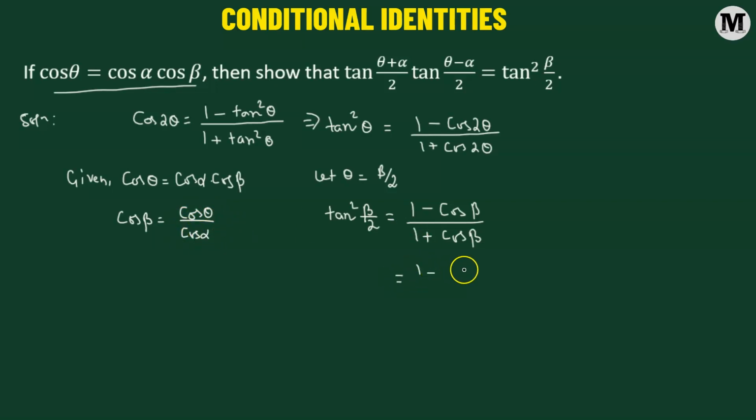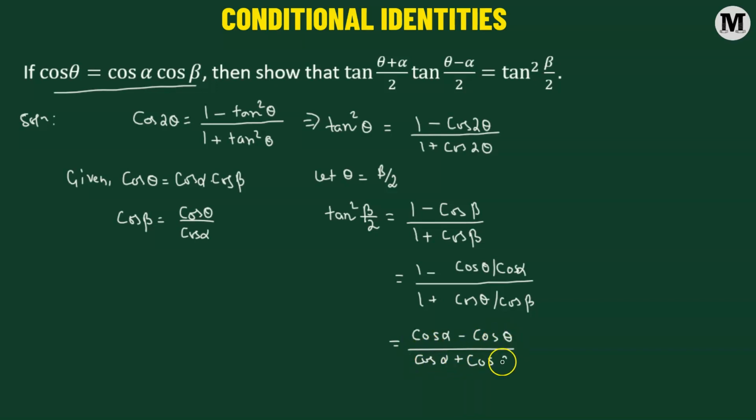So we get 1 minus cosine theta over cosine alpha divided by 1 plus cosine theta over cosine alpha. Right. So now we can multiply throughout with cosine alpha to get cosine of alpha minus cosine of theta divided by cosine of alpha plus cosine of theta.